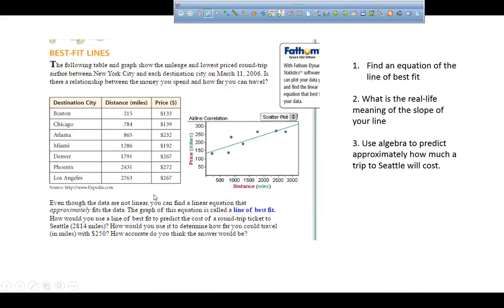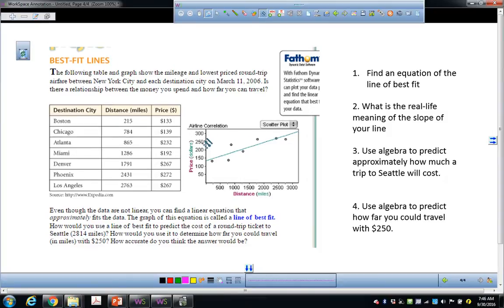And then the last question, they're asking you backward. Use algebra to predict how far you could travel with $250. Well, graphically, you could come over to 250, right? Graphically, not algebraically, go this way and down this way. So you could go about 2,200 miles or 2,250.